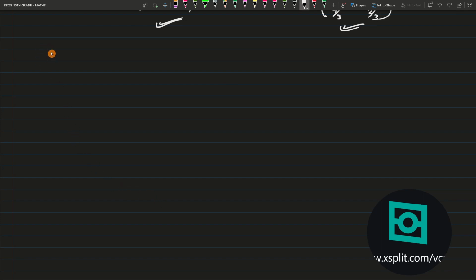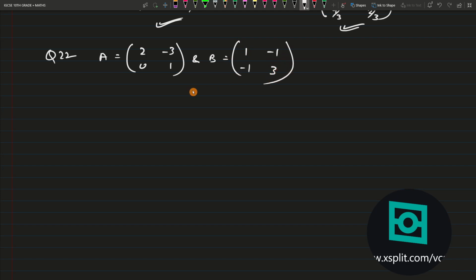Question number 22 is saying that A is equal to 2 minus 3, 0 and a 1, and B is equal to 1 minus 1, minus 1 and a 3. Okay, you have to find all this.